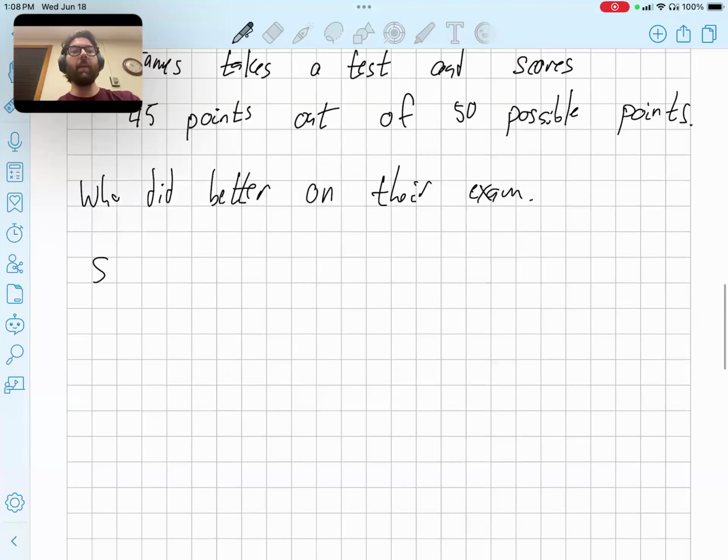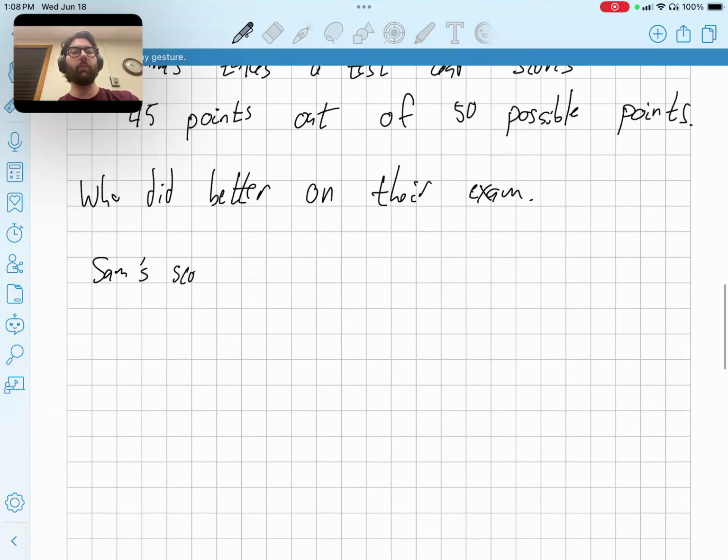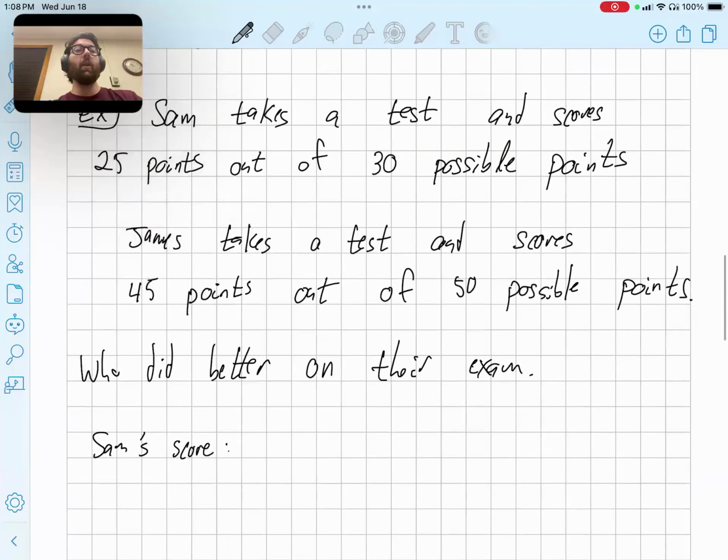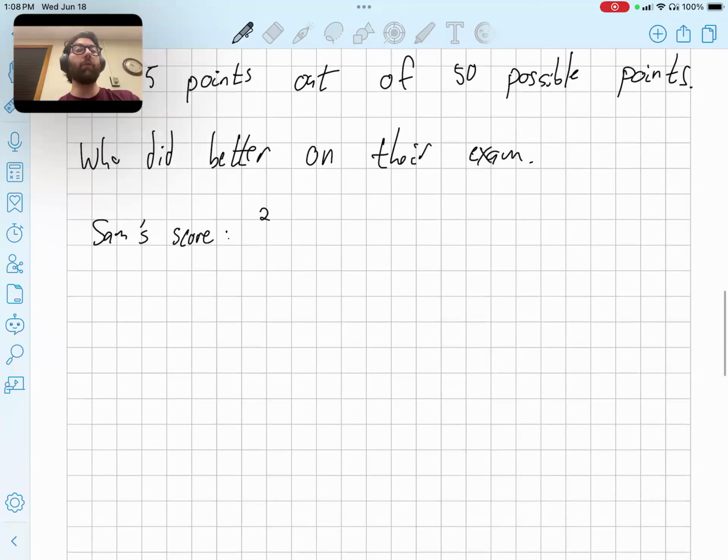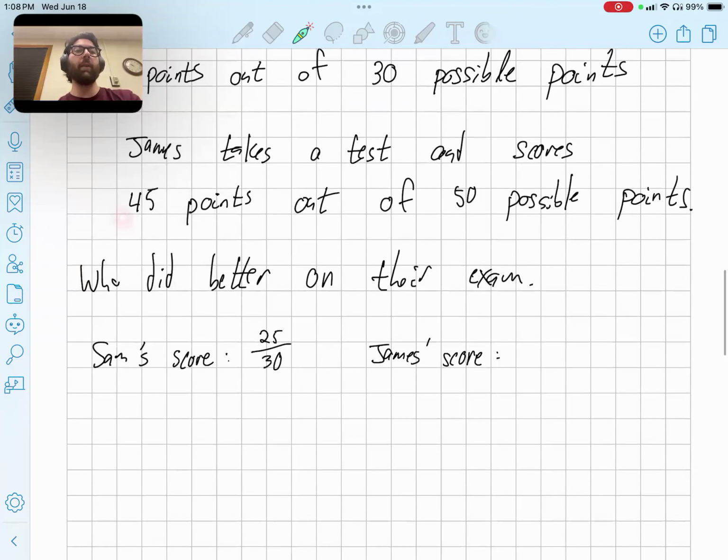And so Sam's score, well, he earned 25 out of 30. And so we can write this as a fraction, 25 over 30. James's score, well, he got 45 points out of 50 possible points.